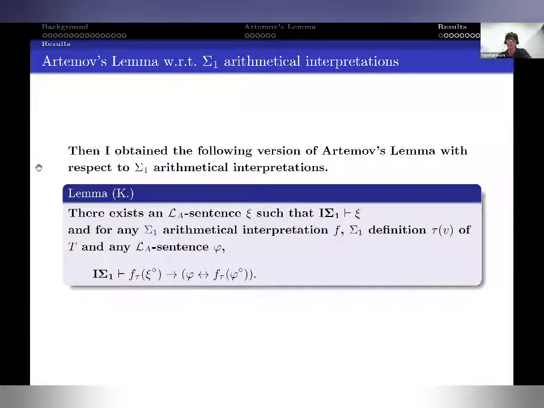Then I obtained the following version of Artemov's lemma with respect to Σ1 arithmetical interpretations, which says that there exists an arithmetical sentence ξ such that IΣ1 proves ξ, and for any Σ1 arithmetical interpretation f, Σ1 definition τ of T, and any arithmetical sentence φ, IΣ1 proves the sentence which says that f_τ(ξ°) implies the equivalence of φ and φ°, f_τ(φ°).